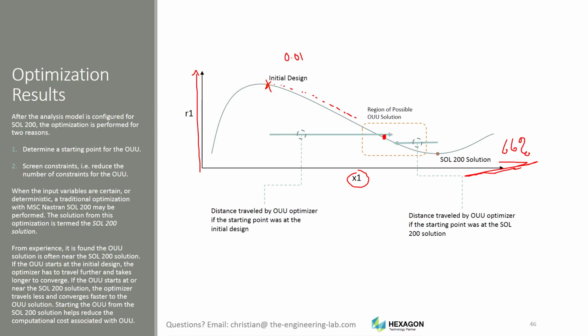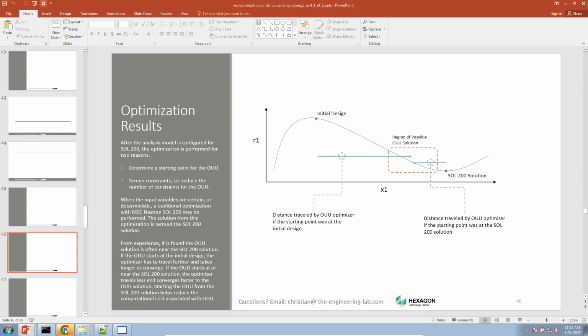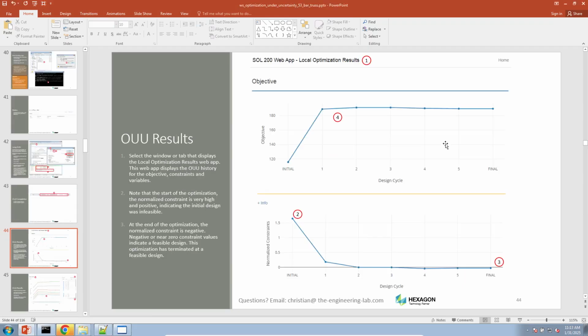Here you notice that since the design is infeasible, we're violating the probability of failure of 5%. The optimizer has to actually increase the size of the truss members. It actually has to increase the mass a little. So that's what you see here in the final objective.